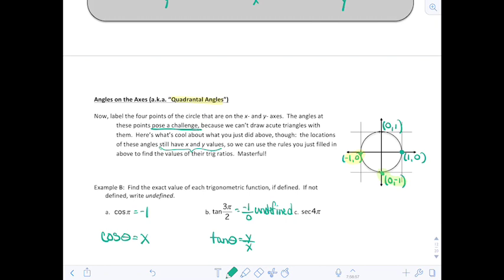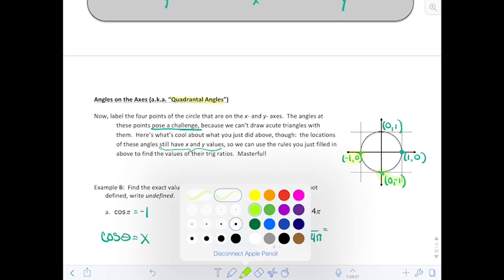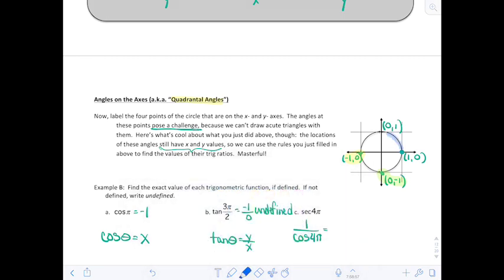Okay, then we have secant. The secant is the reciprocal function for cosine. So 1 over the cosine of 4 pi is the equivalent of that, and then we're going to look at the cosine of 4 pi. So if you look with me at this unit circle, let's remember that halfway around is pi, and then the other half is 2 pi. And if we keep going around, we can count by pi's: 1 pi, 2 pi, 3 pi, 4 pi, 5 pi, 6 pi.